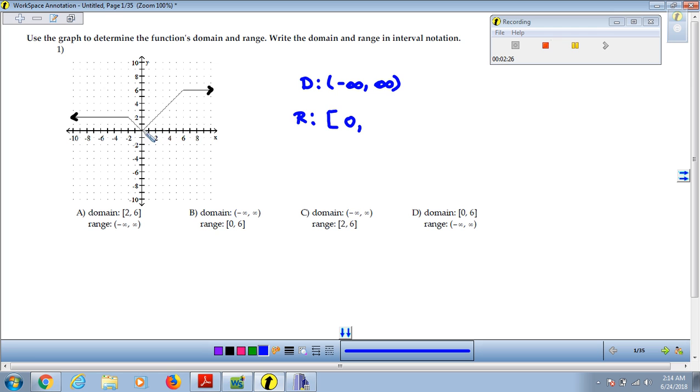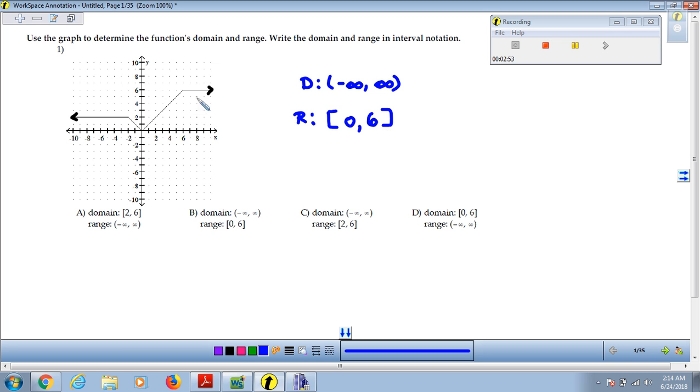Now, how far does it go going upward? Well, the highest piece of this graph is over here on the right side, because the left side is lower than the right side. To which y value does it go, which is the highest of all? It's going to be up to 6. So from 0 to 6, do I include the 6?